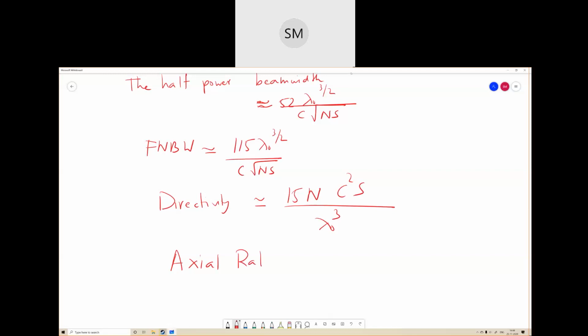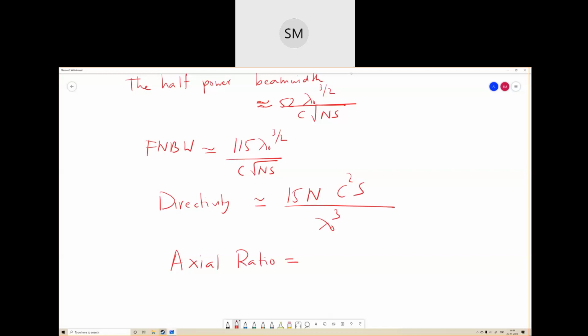Do you know what the axial ratio is? E theta by E phi. Yes, in a specific case.